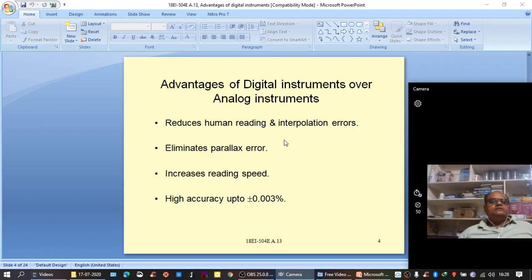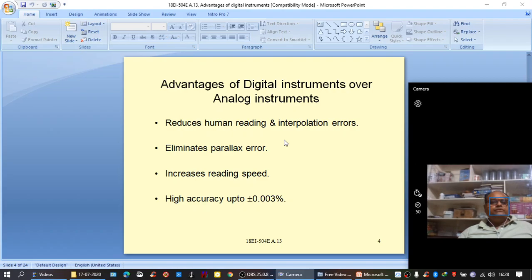The pointer would indicate the space between the sixth subdivision corresponding to 1.2 milliamperes and the seventh subdivision corresponding to 1.4 milliamperes.